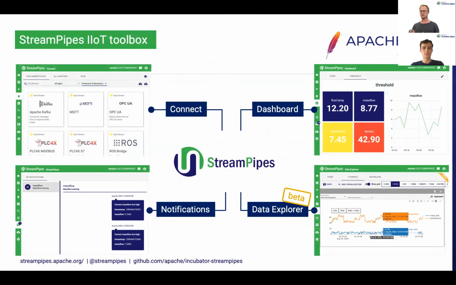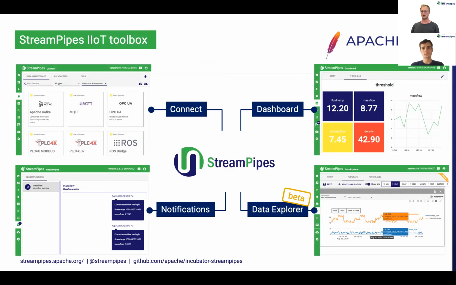We have a toolbox of different components. One is the previously mentioned connect component with the different adapters for protocols. Then we also have a dashboard, which is a graphical user interface to quickly capture what is going on in the machine.